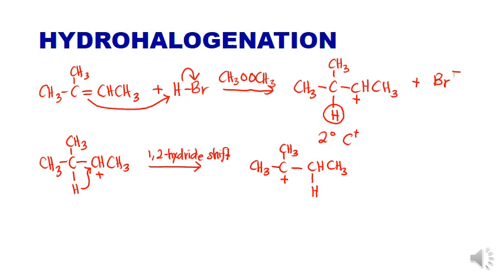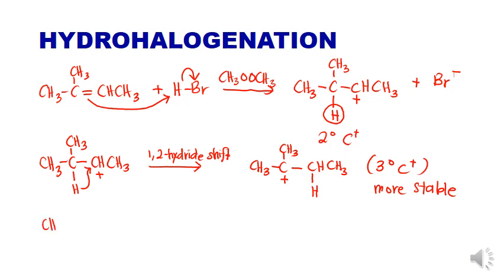So now from this step, we have produced the tertiary carbocation. This tertiary carbocation is more stable than the secondary carbocation. So we will use this carbocation for the next step, the nucleophilic attack.